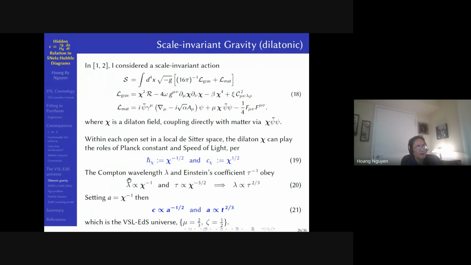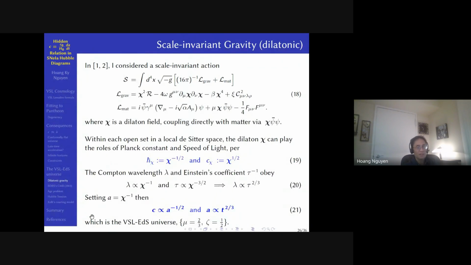And you can convince yourself, these are in the paper, I showed that the Compton wavelength for the electrons, lambda, and the transition rate at the atomic scale would obey this relationship with the 3/2 right here. So lambda and the dilaton field are inversely proportional to each other. But the time scale is related to the dilaton with this coefficient 3/2. Okay, and so therefore lambda and tau are related by this formula. Okay, 2/3. That is a 2/3.